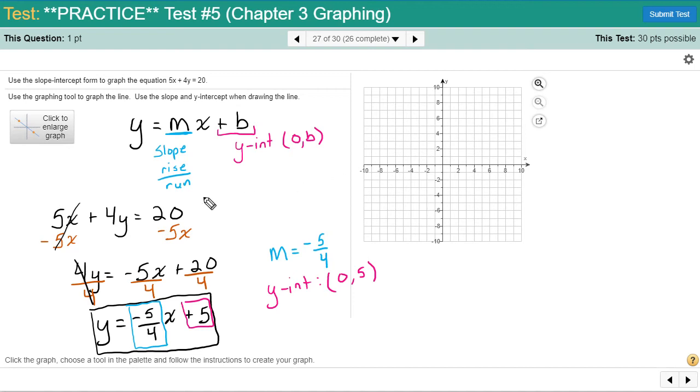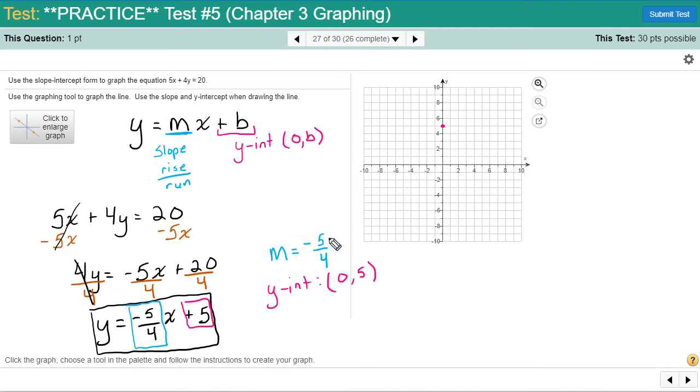So just like we've been doing, let's hand graph this equation first, and then we'll talk about how to plot it using the software. As we've discussed, you always start by plotting your y-intercept. So 0, 5 is going to be right there on the y-axis, and from that point, we're going to use our slope to get to the next point.